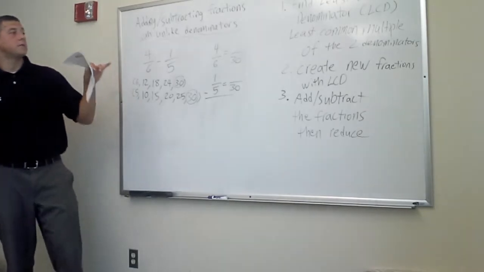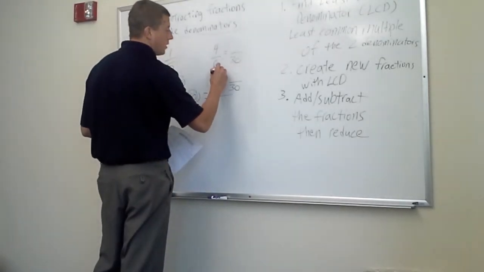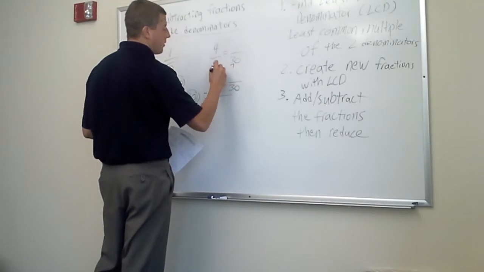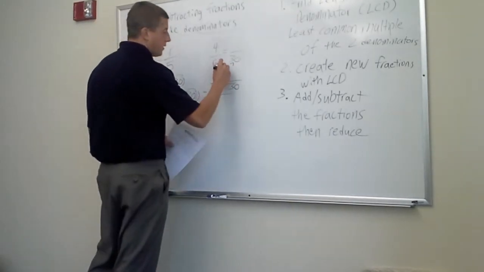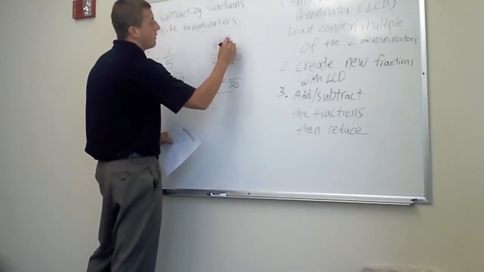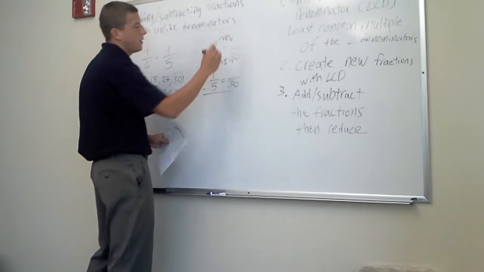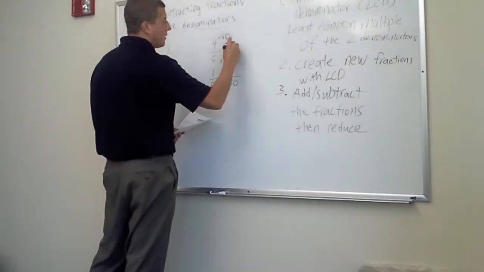So what do we have to do to convert 4/6 to something over 30? What do we have to multiply 6 by to get to 30? 5, good. So, what do we have to also multiply 4 by? 5, right? And then what do we get? 4 times 5 is 20.